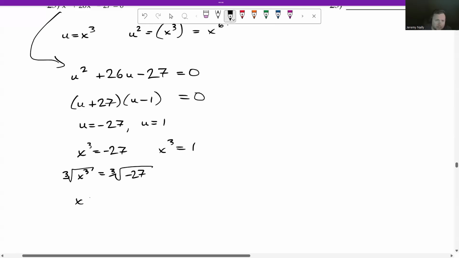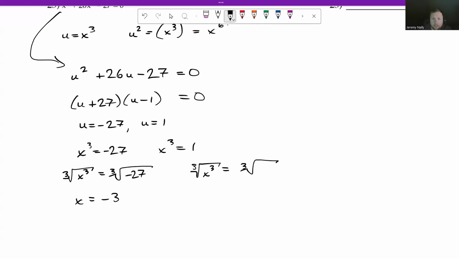So then I have x is equal to negative 3. And then over here, if I do the cube root of each side, then I get x is equal to 1.